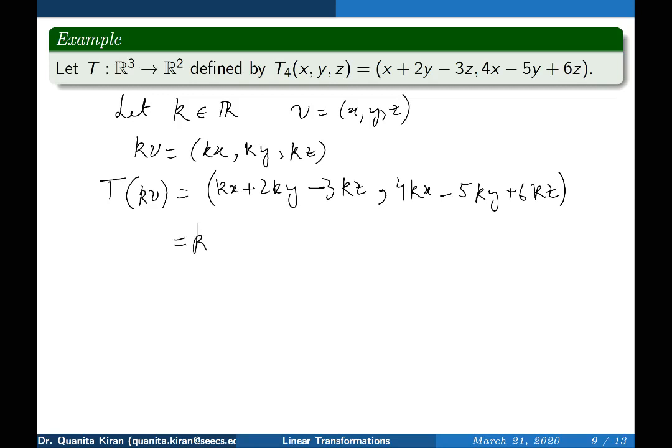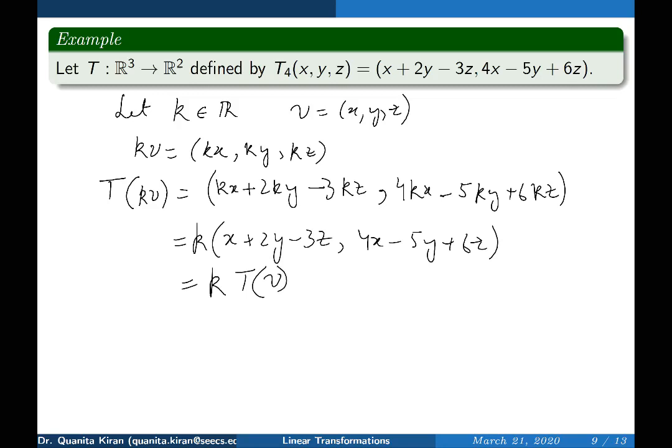Taking k as a common factor, we are left with (x + 2y - 3z, 4x - 5y + 6z), and this is equal to k times T of v.